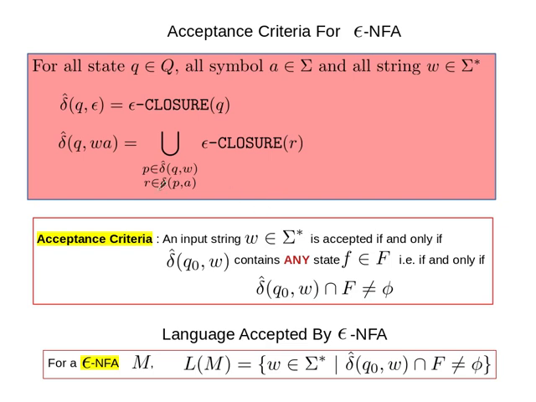So then since we have this, it's now easy to express the acceptance criteria, right? So what was the acceptance criteria? That whatever state you can reach after processing say string w from this state q0, if you can reach any one of the final states, then the string is accepted.